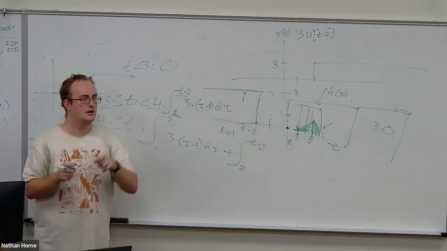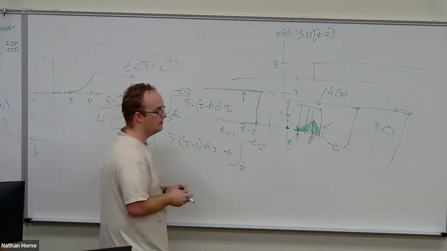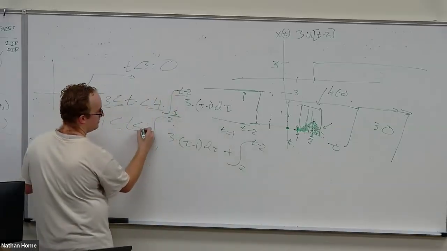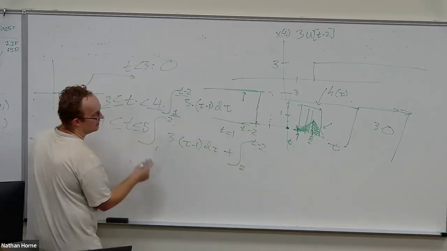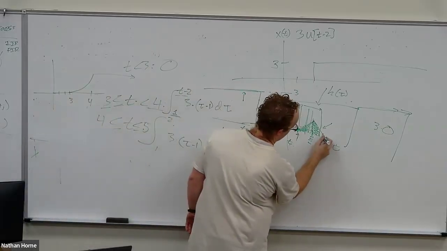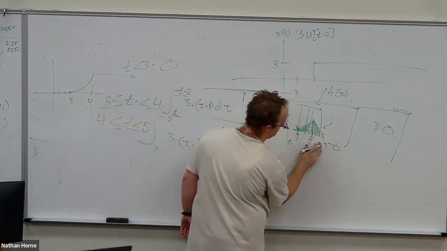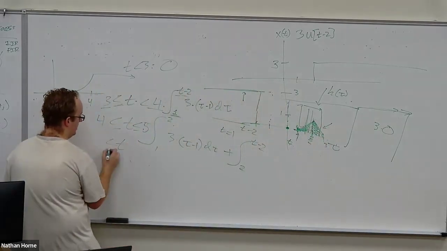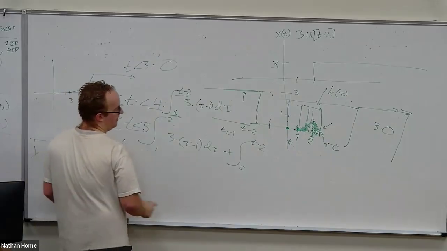Exactly. And then there'd be a fourth region for T greater than 5. Yeah, assuming this is the same slope, so this is going to hit at 3. And so then there'd be another region out here with T greater than 5.